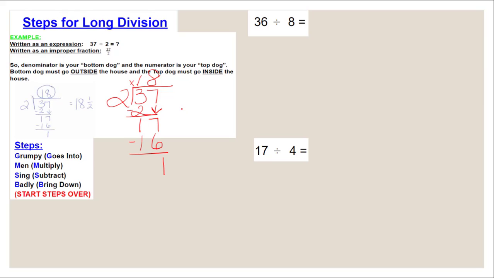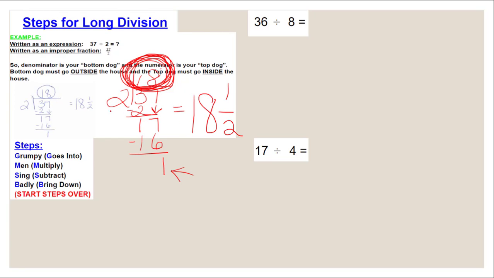To write this as a mixed number, we would circle our wholes. I try to tell the kids that that is like the sun on top of the house. So I circle it. That helps you remember that is the wholes. Leftovers is over your denominator.